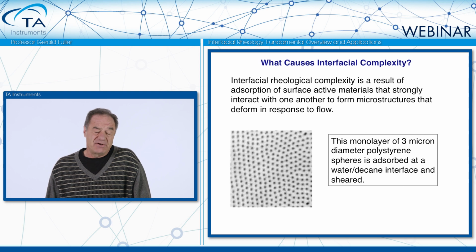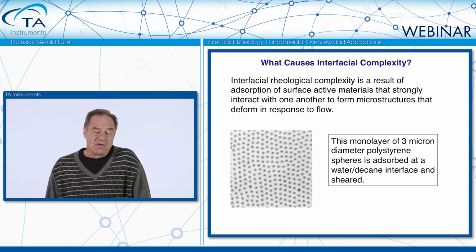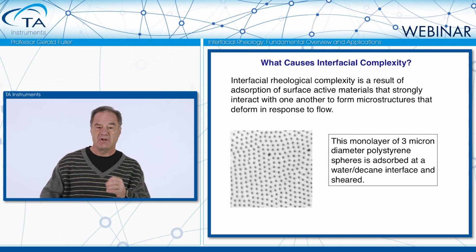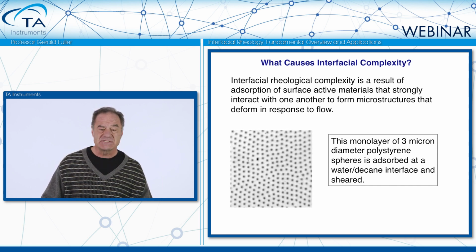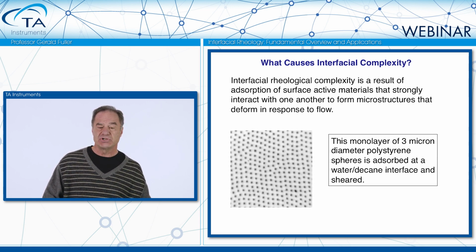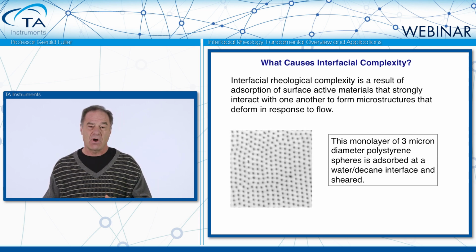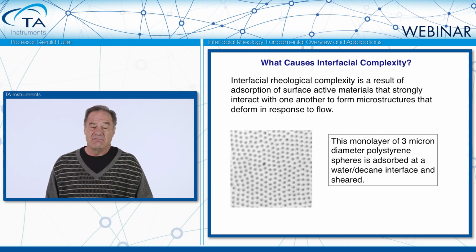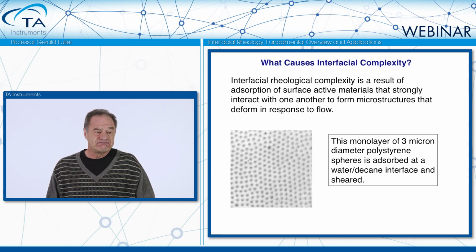Now let's shear that interface. And you can see that you're distorting the arrangement of the particles. You've changed the microstructure. And that's the origin of the complicated rheology, the interfacial rheology, of these sorts of interfaces.